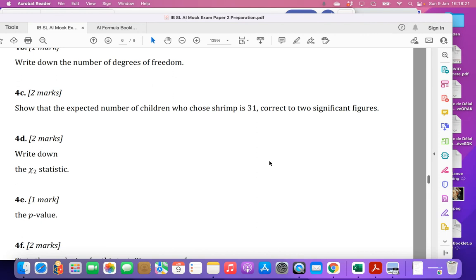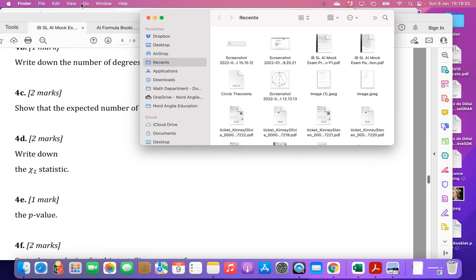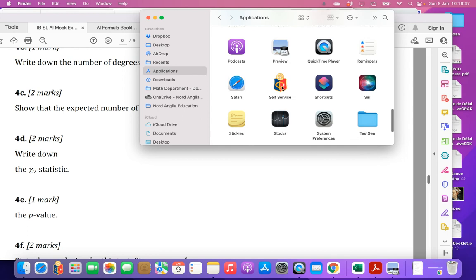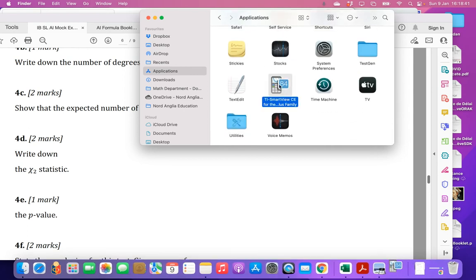Write down the chi-squared statistic. I'm going to need the calculator here. So if it'll open back up for me, we're going to go into the matrix. Good movie. And we're going to input our values for rows and columns, and then we'll be able to calculate the chi-squared statistic.